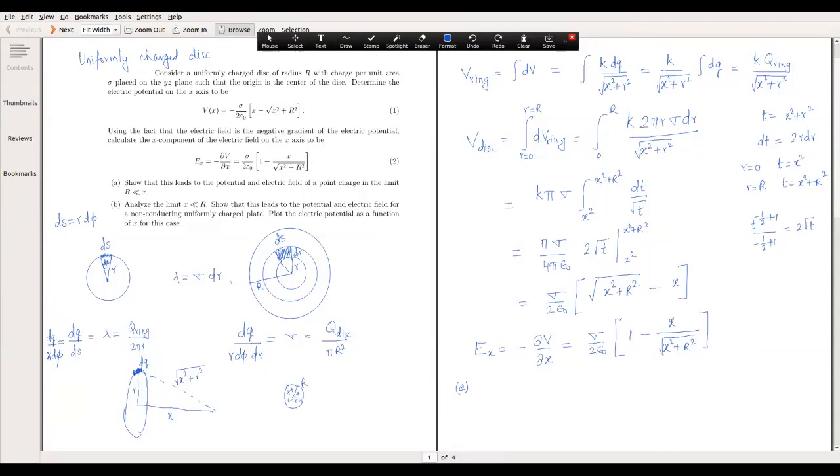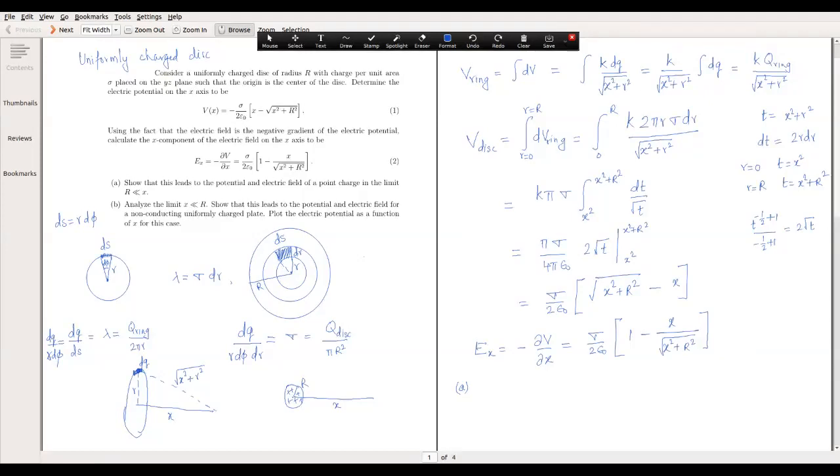When I'm extremely far away from the disk, it is going to look like a point charge. When you're extremely far away from a positively charged sphere, the sphere is negligible in size and it will look like a point charge. We do know that the electric field of a point charge is kq over r square, here r being the distance x in this case. So that should show up here. How does that come out?